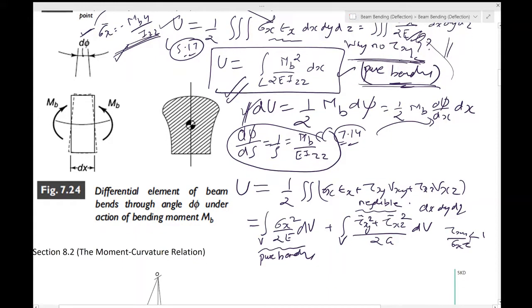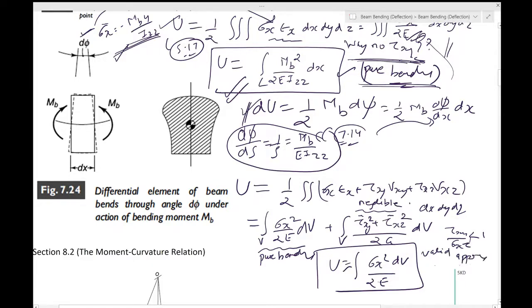So U equal to sigma x square dV by 2E is used for all cases, even when the transverse shear stresses act, or when it was not pure bending, so it is valid approximately even in general bending.